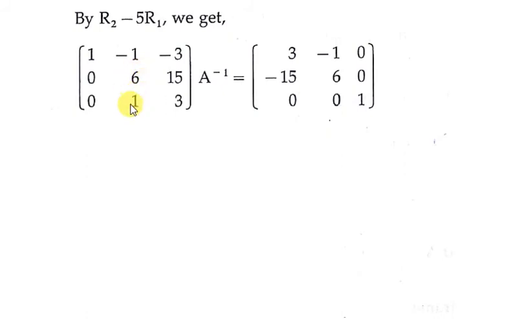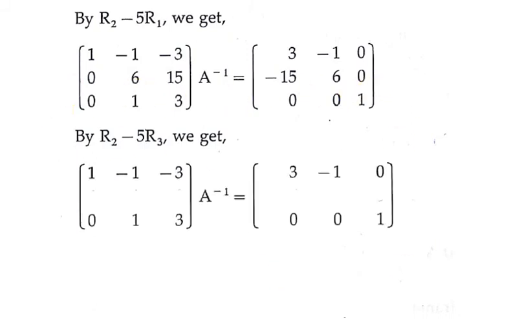So we multiply this 1 with 5 and subtract from this 6. It means we are going to change the second row by using the third row, that is, we get the equation R2 minus 5 times R3. In that case only the second row is going to change, so the first row and third row remain the same.